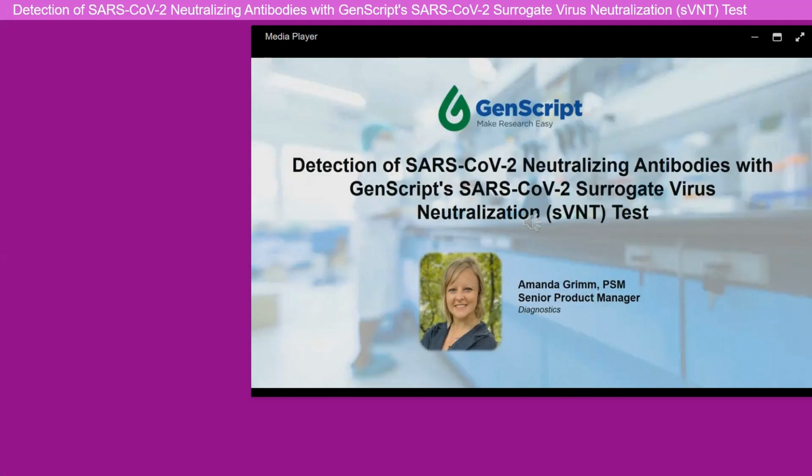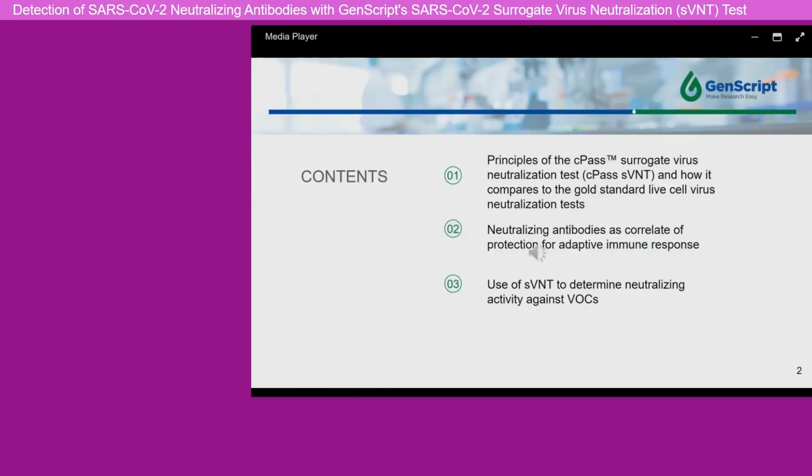Hello and welcome. My name is Amanda Grimm, and I'm the Senior Product Manager for Diagnostics here at GenScript. In today's presentation, I'm going to talk about the detection of SARS-CoV-2 neutralizing antibodies with the surrogate virus neutralization test. We have three main takeaways from this talk.